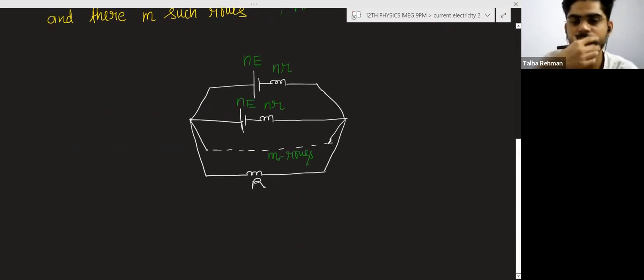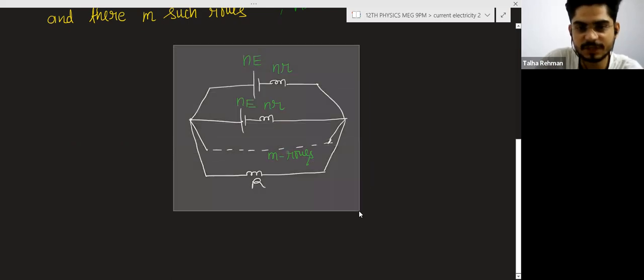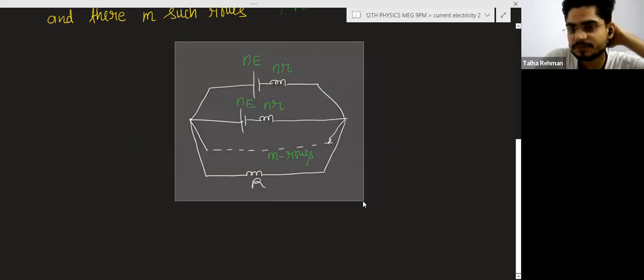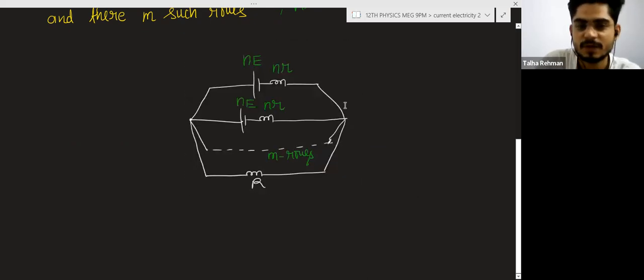Okay, now can you tell me what is the equivalent resistance of this circuit? What is the equivalent EMF of this circuit? Now you can see this cell, this cell and this cell are all connected in series, right?